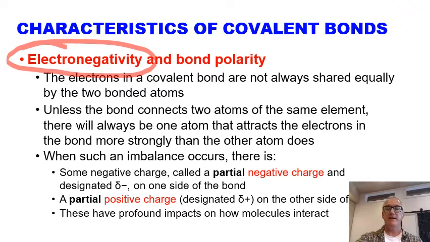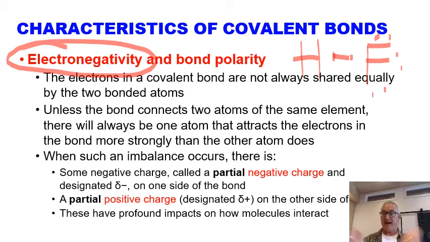So if I have something like hydrogen fluoride, fluorine has 1, 2, 3, 4, 5, 6, 7 electrons, and it's sharing this one from hydrogen. So fluorine has 8, it has an octet, it's happy.